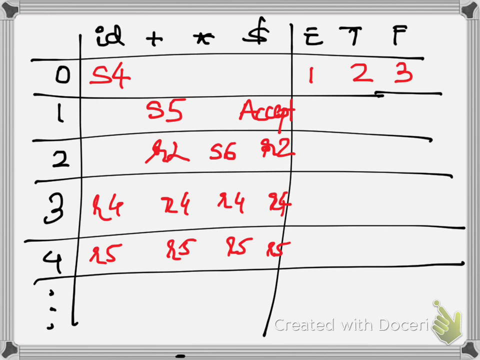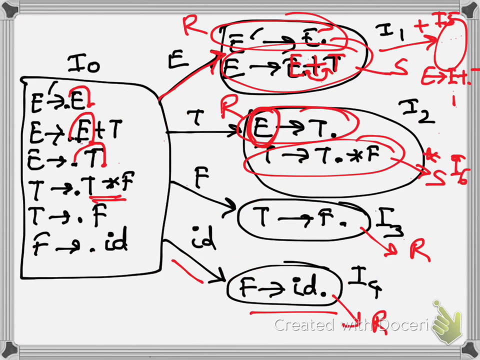So if a particular state contains only one final item, then you write it in all the columns. But if it contains more than one, then you put the reduce move only under the columns which are in the follow of the reduction symbol.